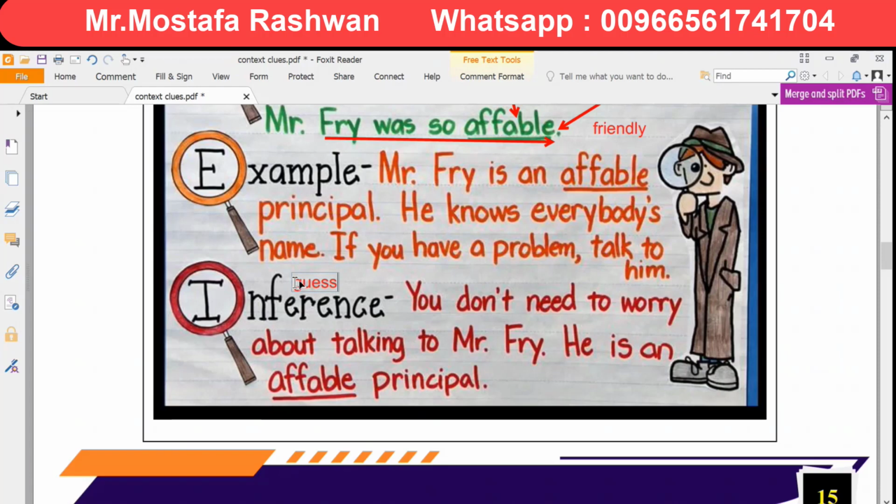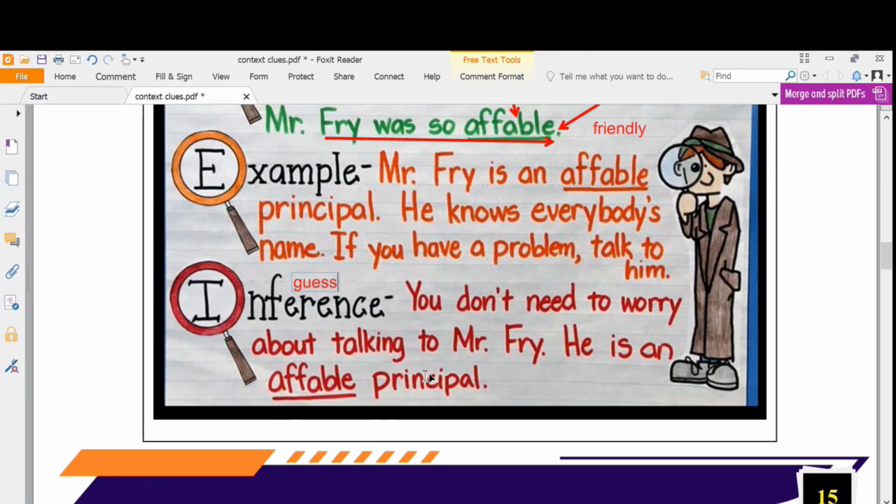Yes, good job. So here we're about to use the guessing technique. You don't need to worry about talking to Mr. Fry. Surely, even without reading the rest of the sentence, if I told you, don't worry if you want to talk to Mustafa, it means that Mustafa is a kind person.